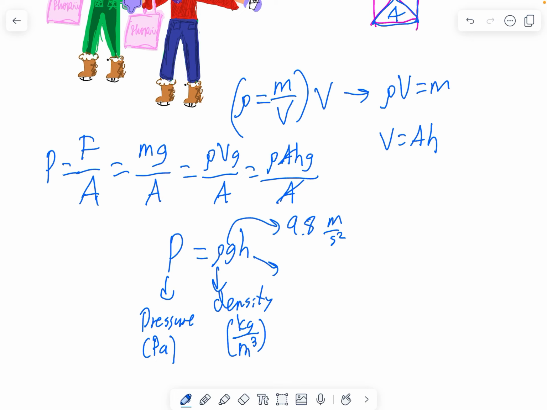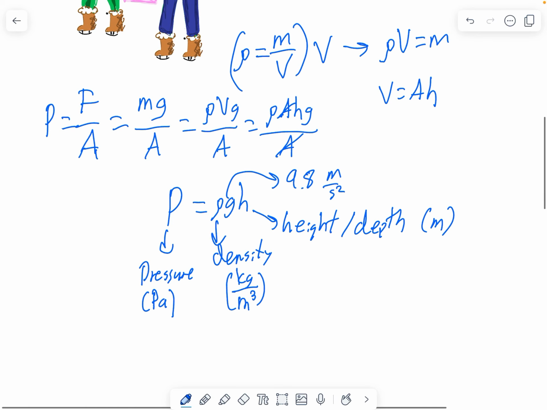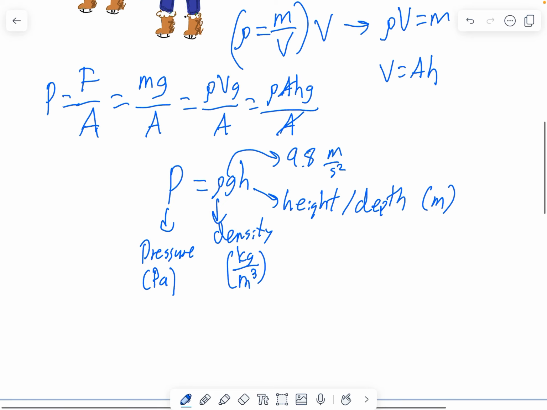And this h, you can use height if you're calculating air pressure, like how high the air is above you, or if you're using this formula to calculate water, it can also be depth, how deep you are underwater. So it's either height of fluid or depth, and the units for that are meters.